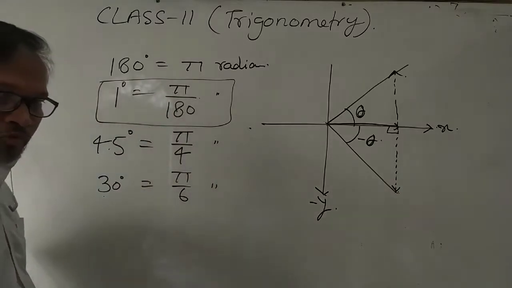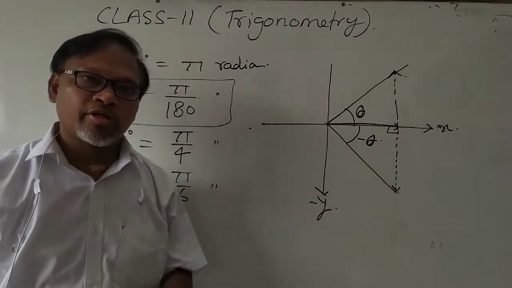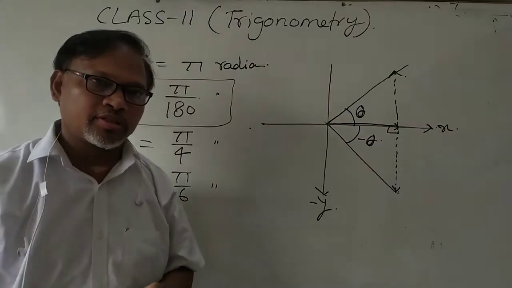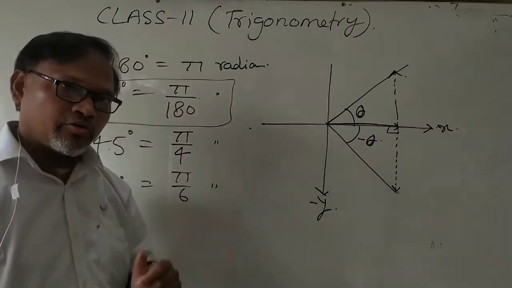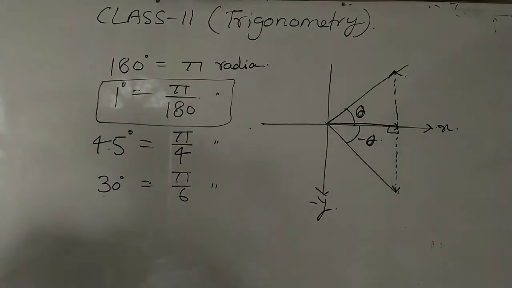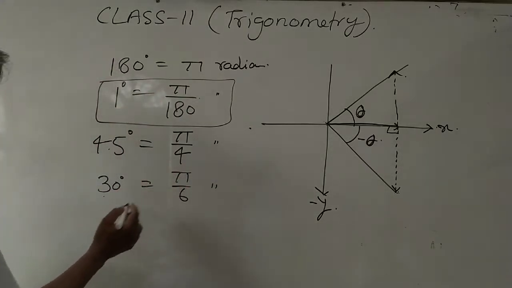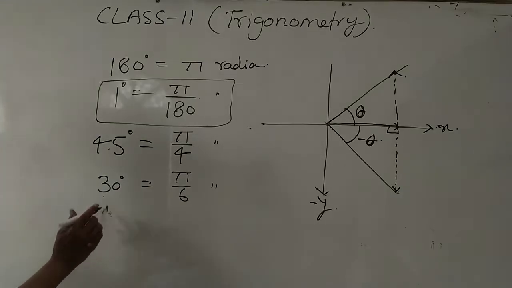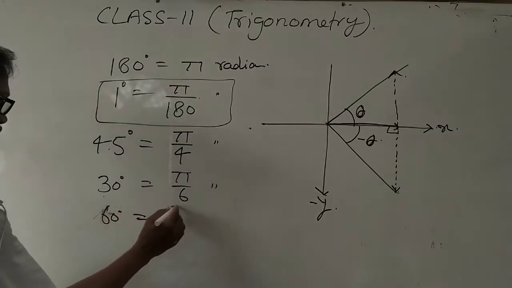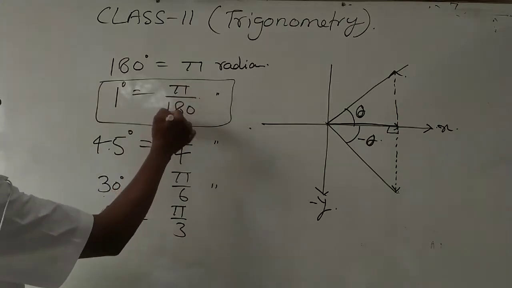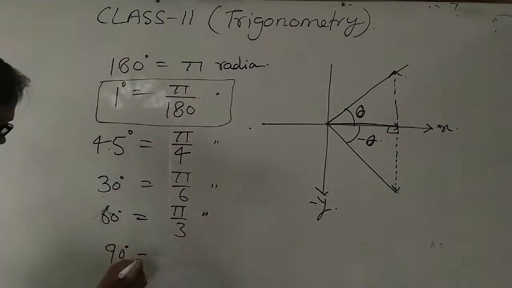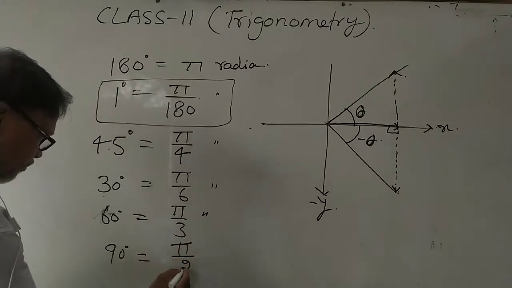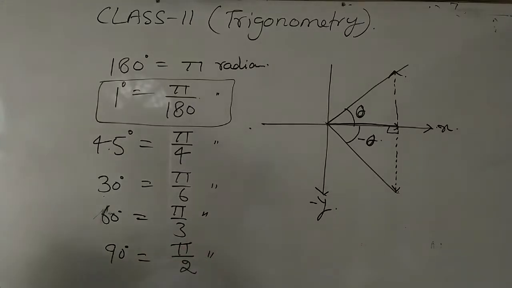This pi is different from the pi you use in the circumference, that is 3.14 or 22 by 7, which is the real value. But this is the radian. Similarly, 60 degree is equal to pi by 3 radian, and 90 degree is equal to pi by 2 radian.